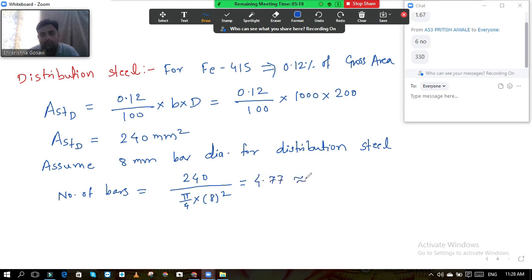So we will round this up to 5 numbers. So now Ast D provided, distribution steel provided.